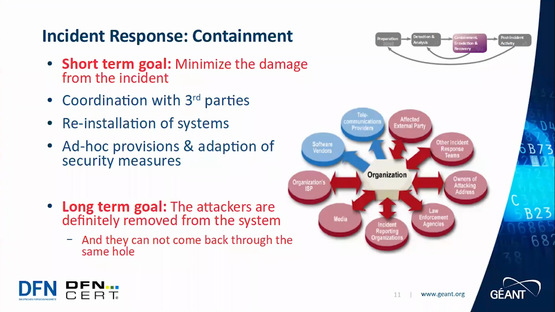Then we are likely to be required to report this to the authorities. Other parties may be the software vendors when we want to report vulnerabilities. We may have to talk to our telecommunication provider. We may have to talk to other affected external parties if we can recognize from which network it's coming or which network was attacked from our side. Our incident response team, our legal officers, our privacy protection officers, etc.